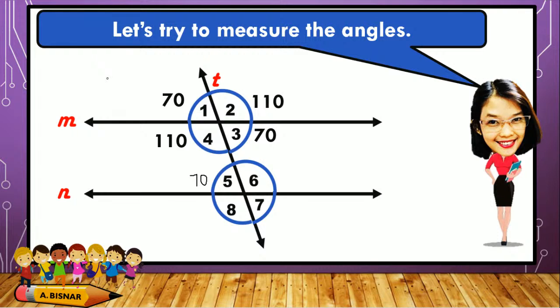Angle 6 is 110 degrees. Angle 7 is also 70 degrees and angle 8 is 110 degrees.